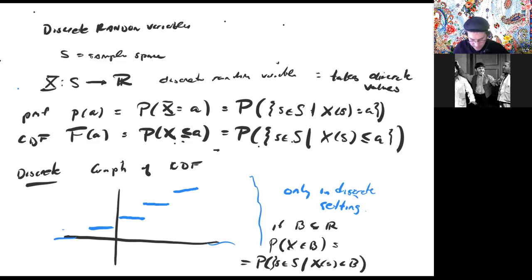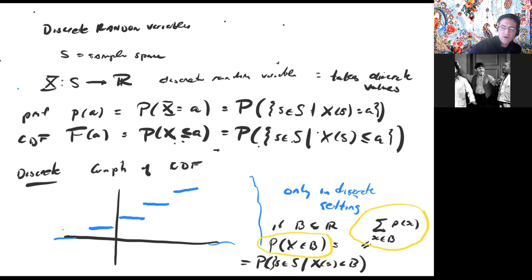It's really just a sum of P of x where x lies in B. So the point I want you to concentrate on is to think of this sum as defining the probability that X lies in B. Okay, so this is all supposed to be some sort of motivation for what's coming next.